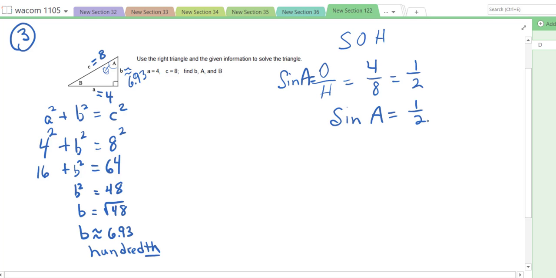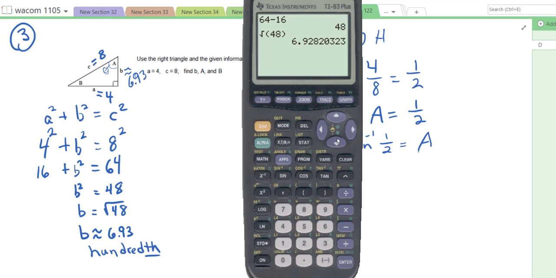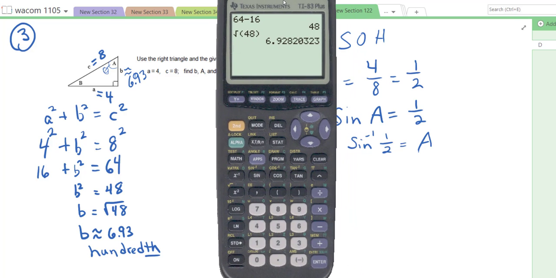So if we do inverse sine of 1/2, we should get A. And we might know 1/2 is one we've done a bunch, but we'll go through the steps. So we can do second sine inverse of, you can put 0.5 or you can do 1 divided by 2.